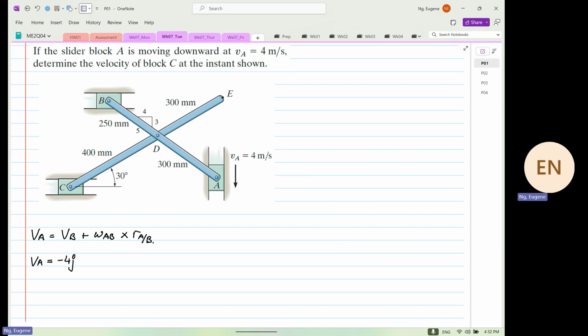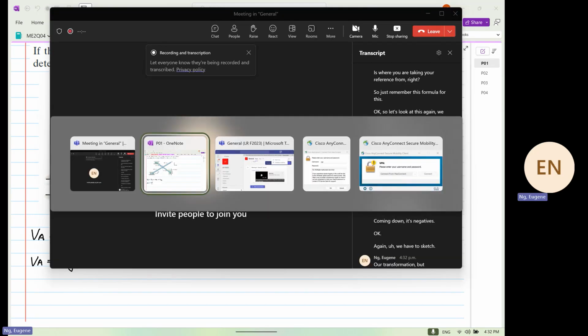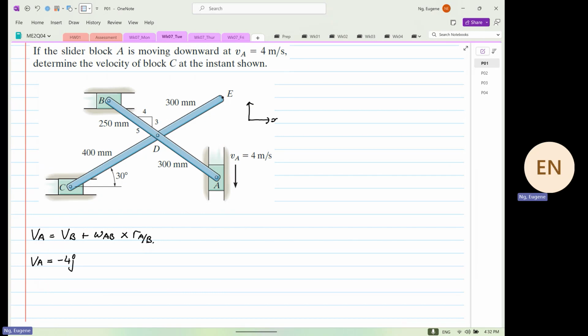In Cartesian coordinates, J coming down is negative. Again, we have to sketch our transformation. This is X, this is Y, this is rotation of Z. Let's try to look at some simple stuff first.